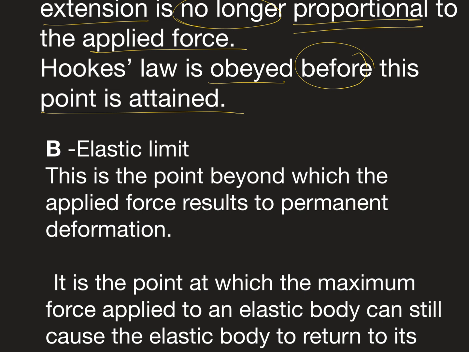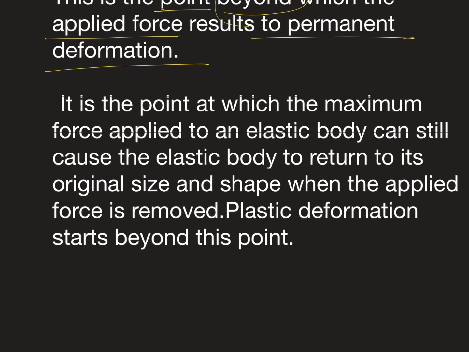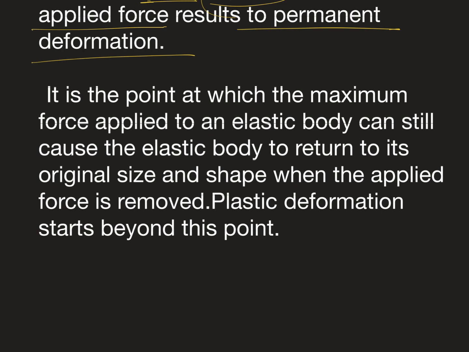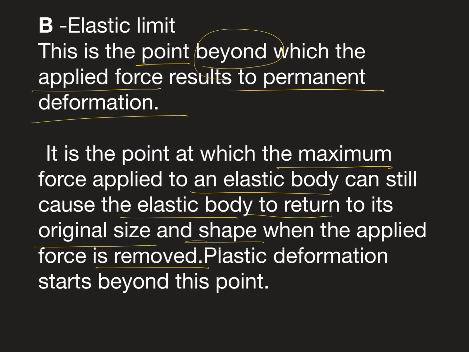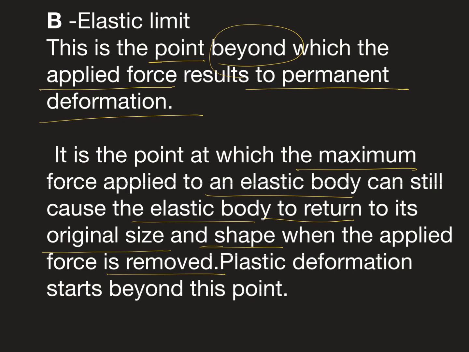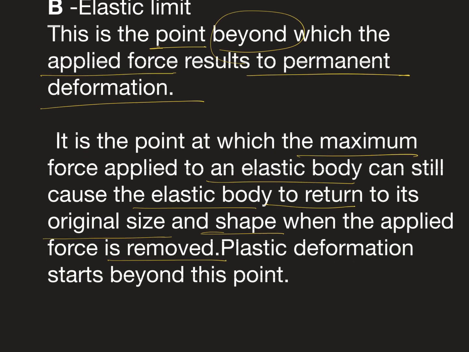Elastic limit is the point beyond which the applied force results in permanent deformation. It is the point at which the maximum force applied to an elastic body can still cause the elastic body to return to its original size and shape when the applied force is removed. So the elastic limit is very important to know.